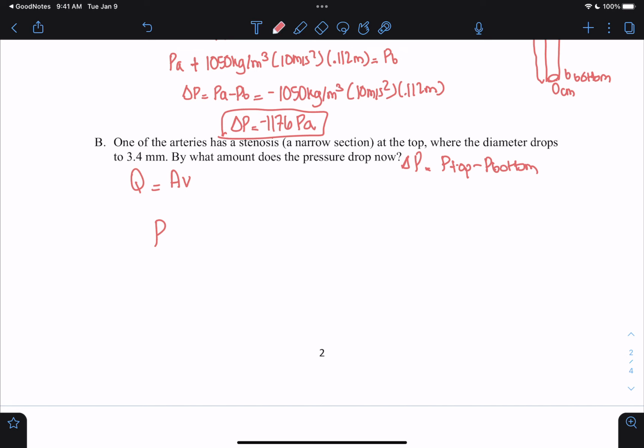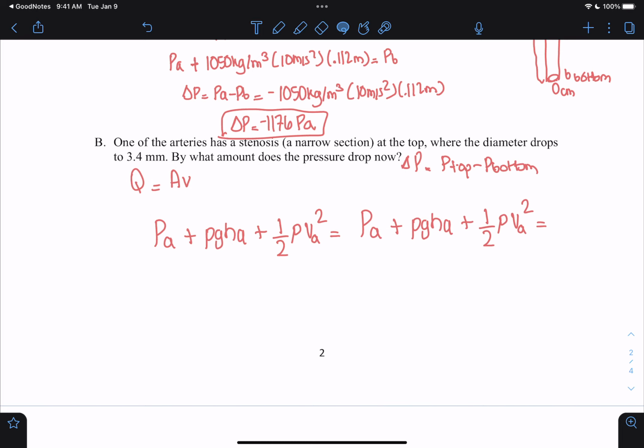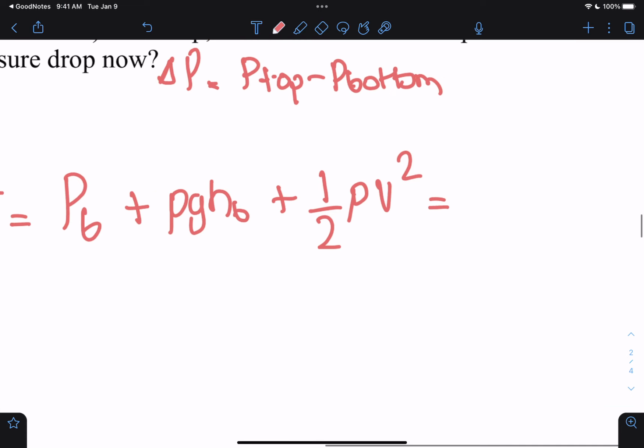So it goes P_A plus rho g h_A, that's your static pressure, your pressure just of a liquid, static, no motion, plus the dynamic pressure of a liquid, so that's half density, rho, v squared, and that's the velocity at A. You do the same thing on the other hand side, but it's the pressure at B plus rho g h_B, and then it factors in the speed at B.